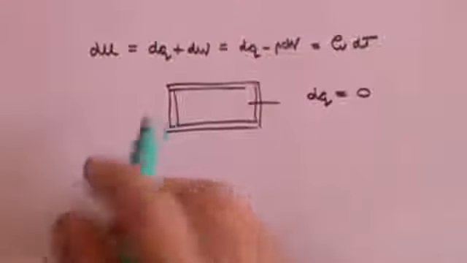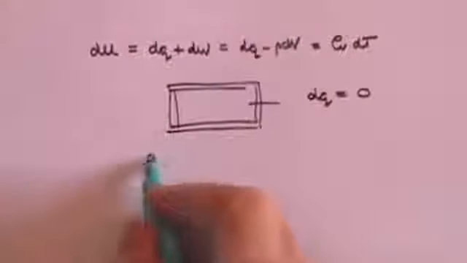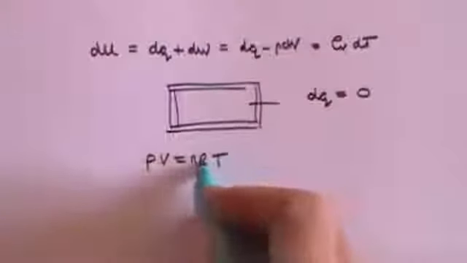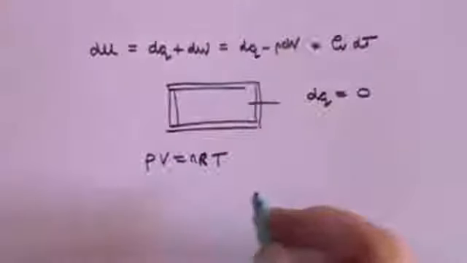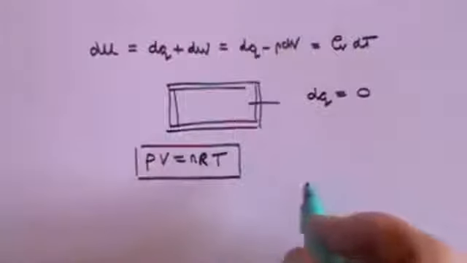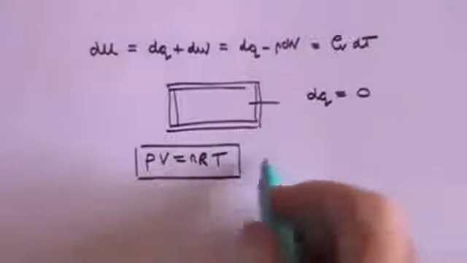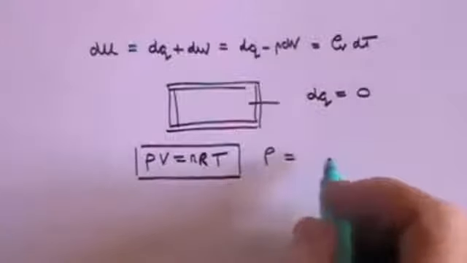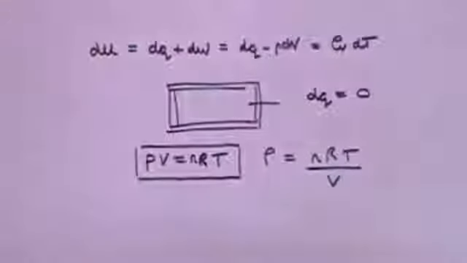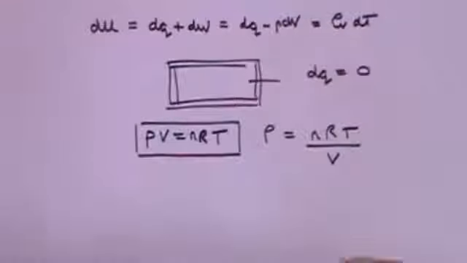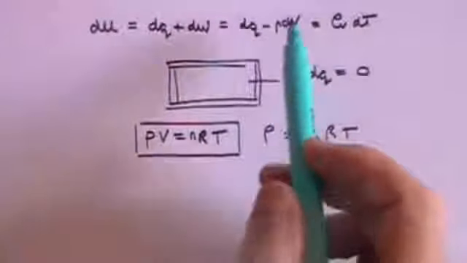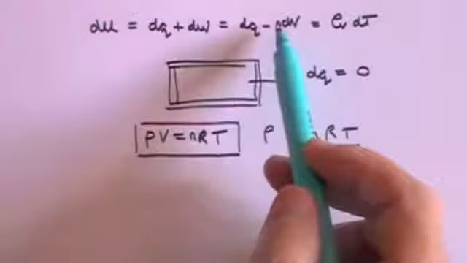And we know from the ideal gas law that PV equals nRT, where R is the gas constant. That was the first formula we took in our video. And if you rearrange that, you get that P is equal to nRT over V. So now I'm going to substitute this term for P into this term here.